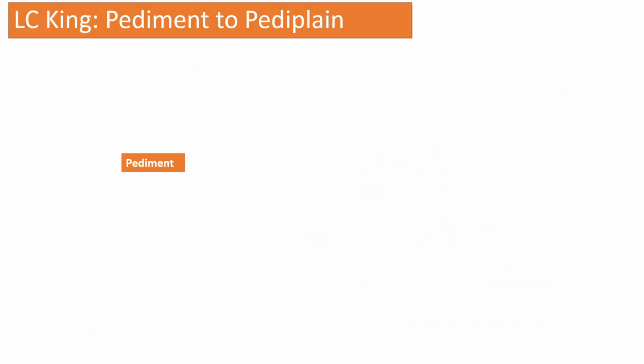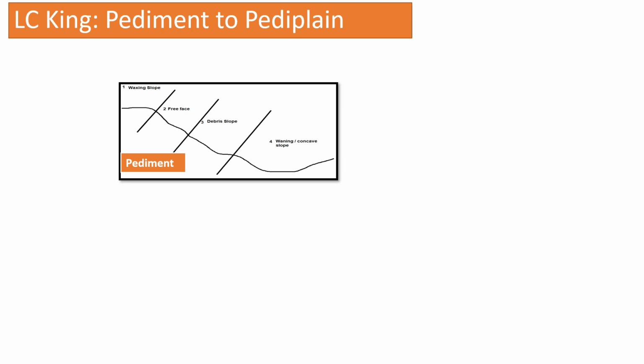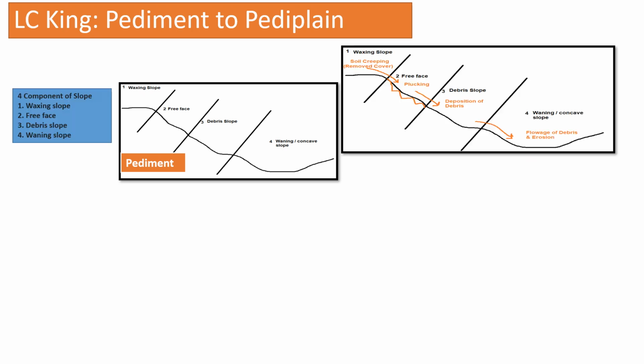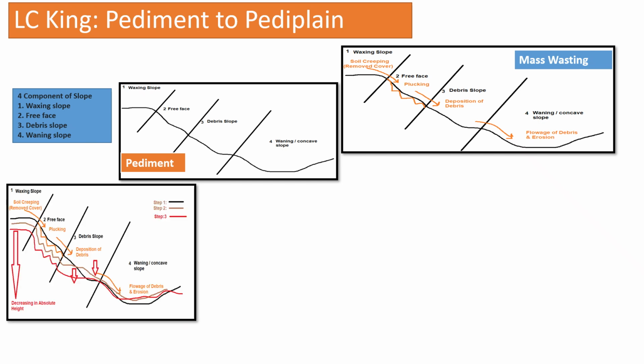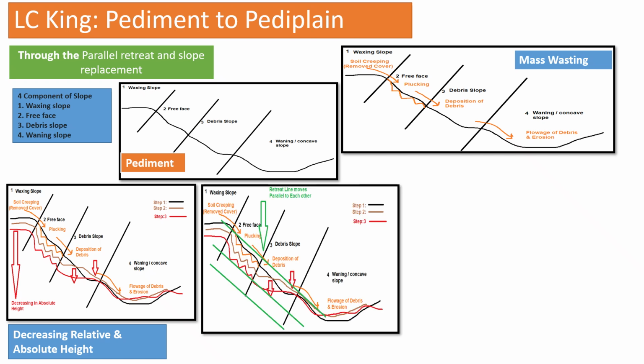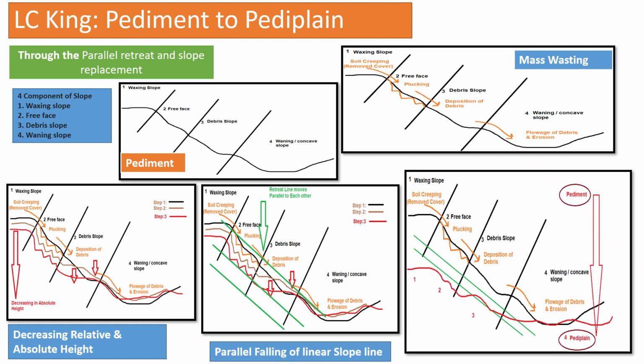The whole process is explained through the diagram: pediment converted to pediplain, the four attributes of the ideal slope, the mass wasting process continuing in the four different segments, and the parallel retreat process started and going on, and ultimately it is converted to the pediplain.